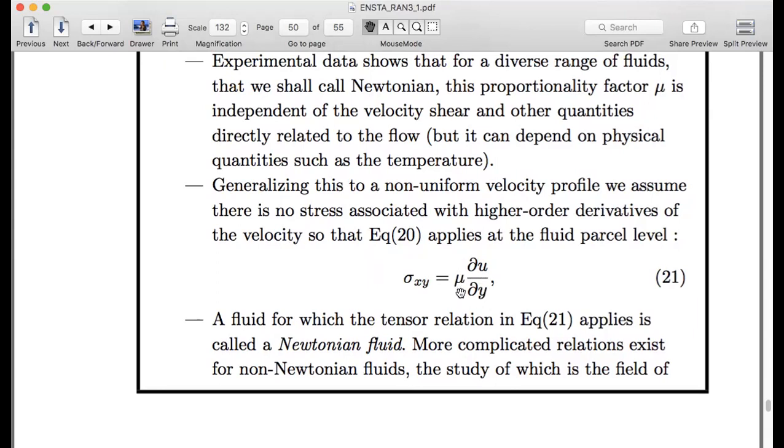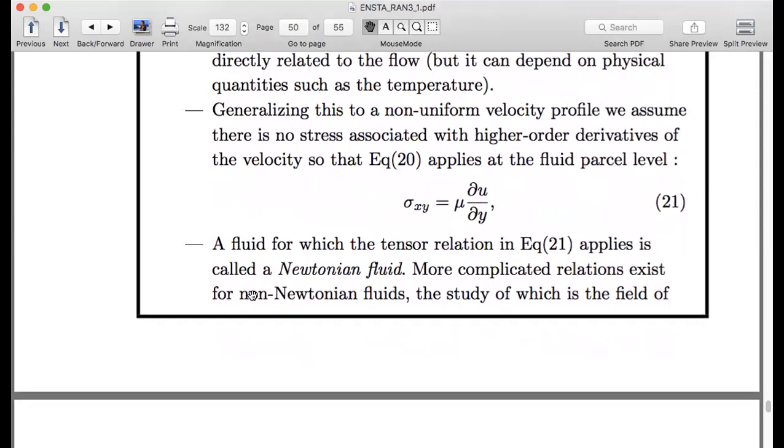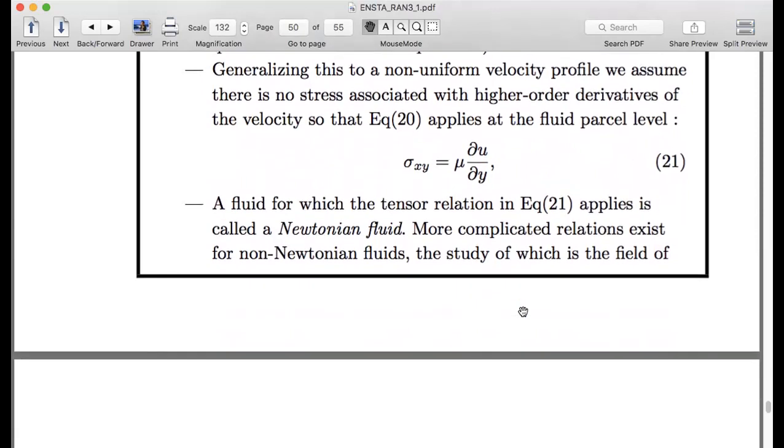The proportionality constant between the two is still the dynamic viscosity. And when this applies, we call it a Newtonian fluid. All the fluids we're going to discuss are Newtonian.